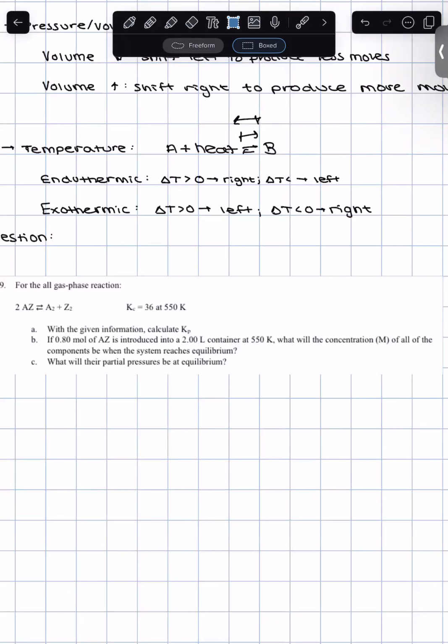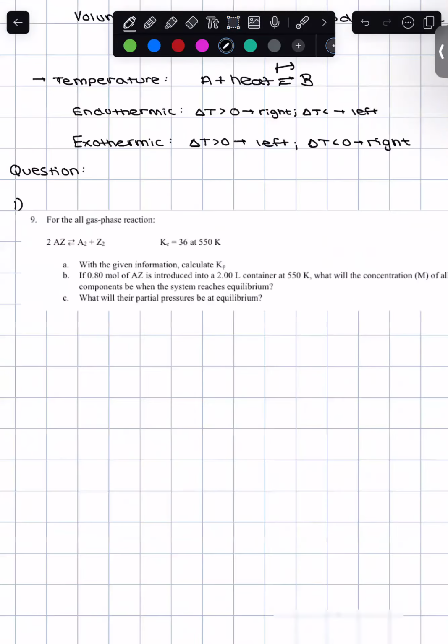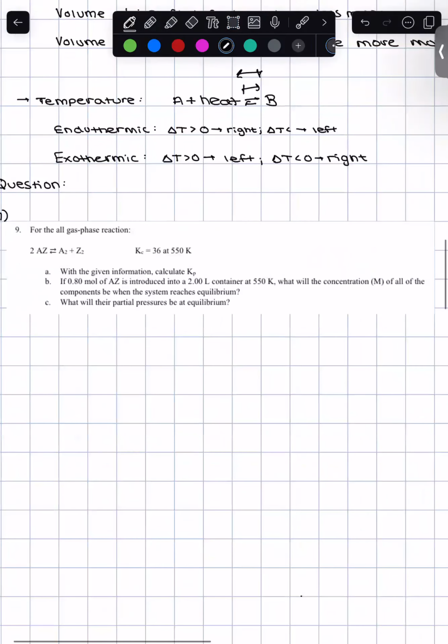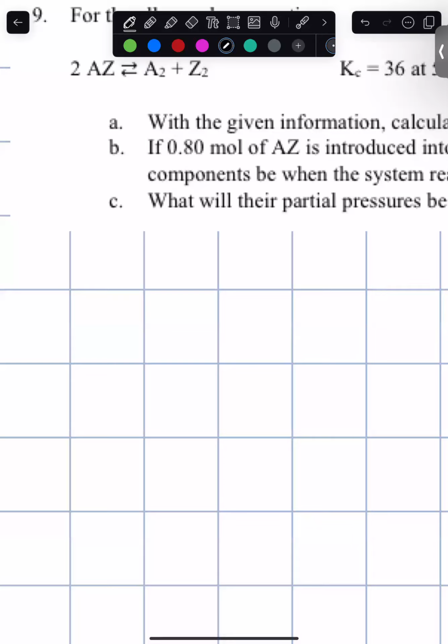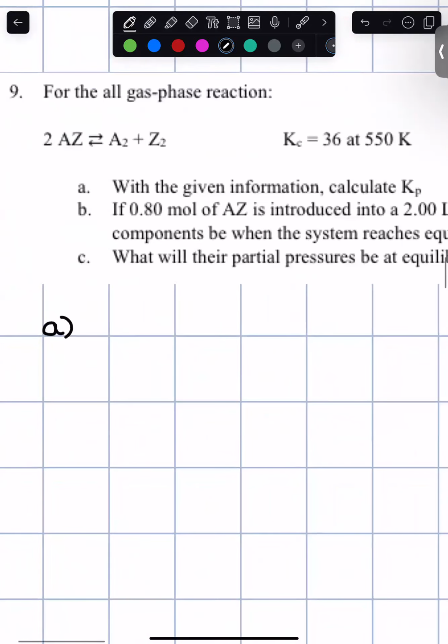So first part is part A. With the given information, calculate Kp. And if you guys want to screenshot this, you can, or you can go to recitation 4 activity. It's number 9. I don't believe we went over it in class. All right, so calculate Kp.